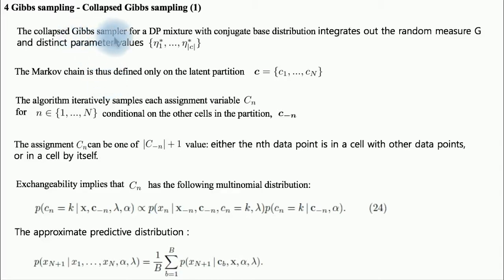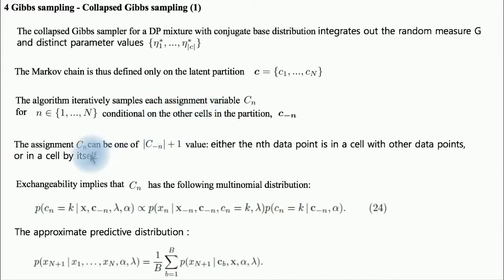The collapsed Gibbs sampler for the DP mixture with a conjugate base distribution integrates out the random measure G and the distinct parameter values eta star. The Markov chain is thus defined only on the latent variable C. The algorithm iteratively samples each assignment value C_n for n conditioned on the other cells in the partition.